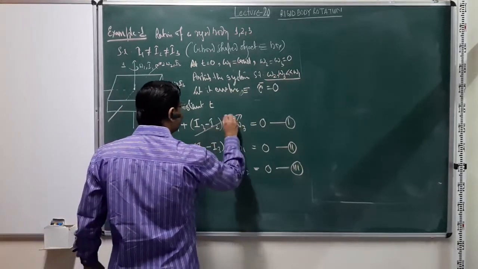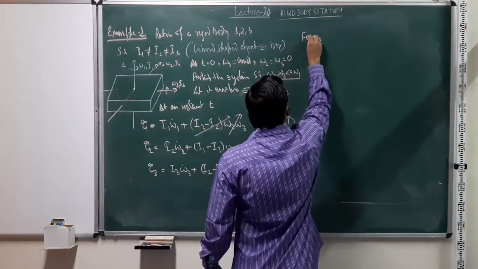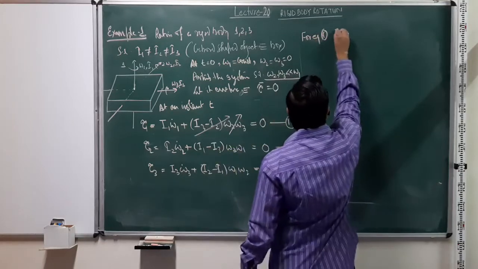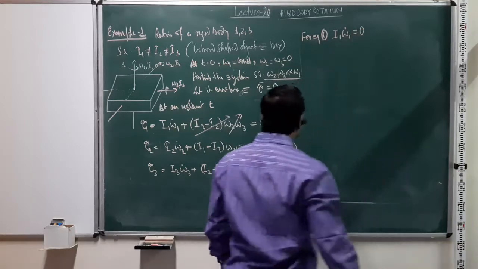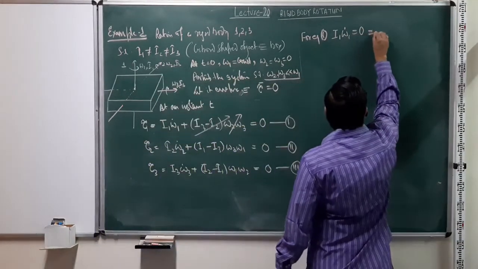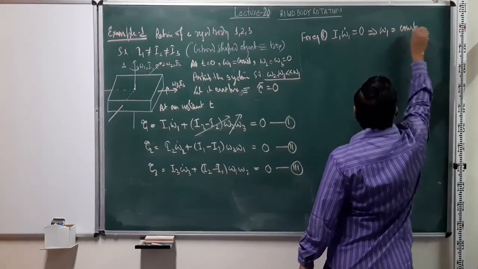And then for equation 1 we get I1 omega 1 dot is equal to 0, neglecting the second term, and this implies that omega 1 is constant, right?